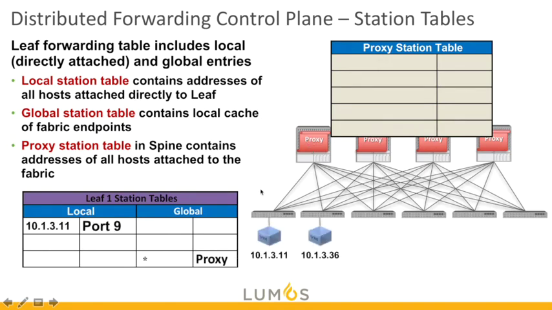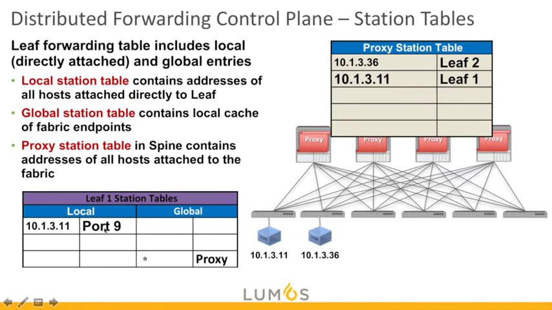So let's do a walkthrough real quick. We've got 2 virtual machines attached. One is attached either through a vSwitch or maybe it's just a direct host. It says a VM here, but maybe it's a physical host. Either way, we attach these 2 devices, 10.1.3.11 and 10.1.3.36. Let's assume for argument's sake that they're on the same subnet, maybe a /24.